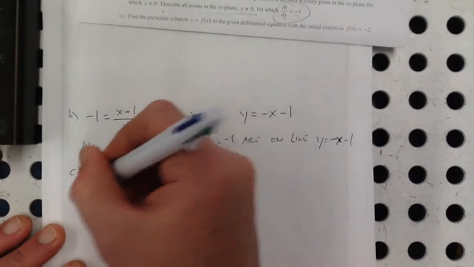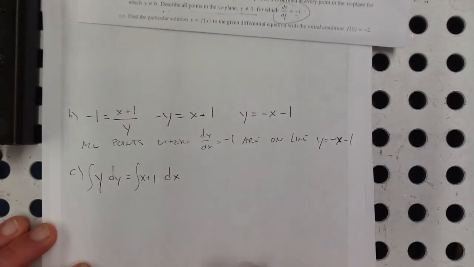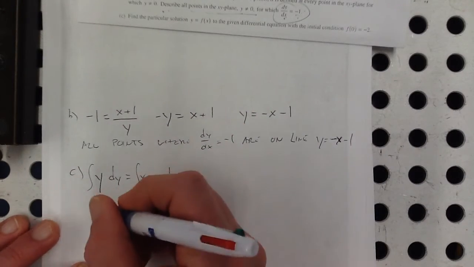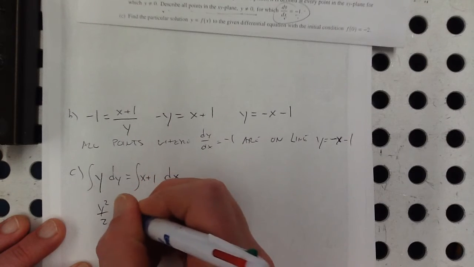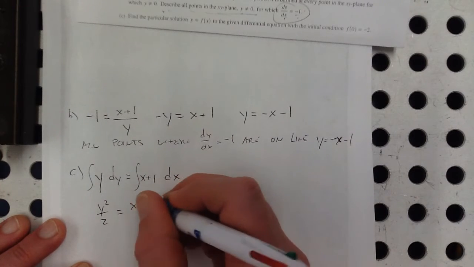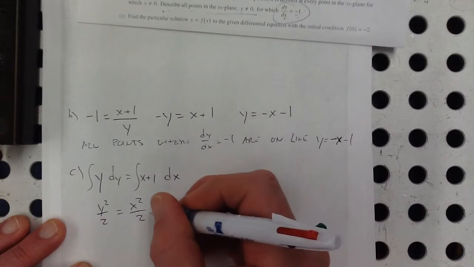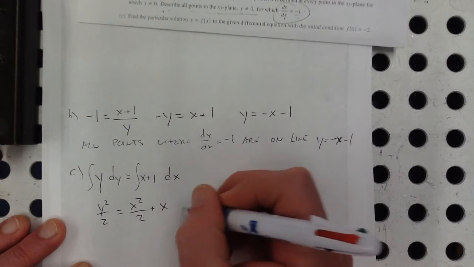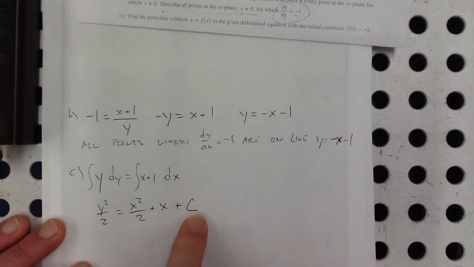And then do a little bit of calculus. Antiderivative of y is y squared over 2. Antiderivative of x plus 1 is x squared over 2 plus x, and then I'll put my constant of integration over here on this side.